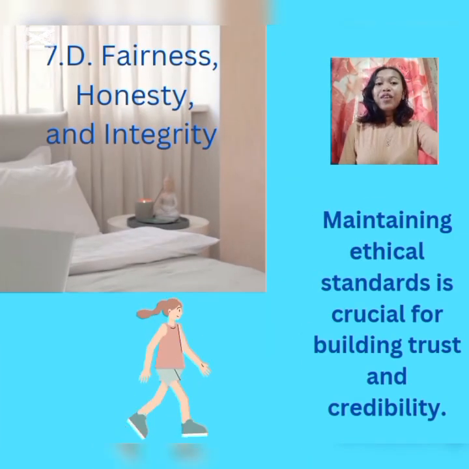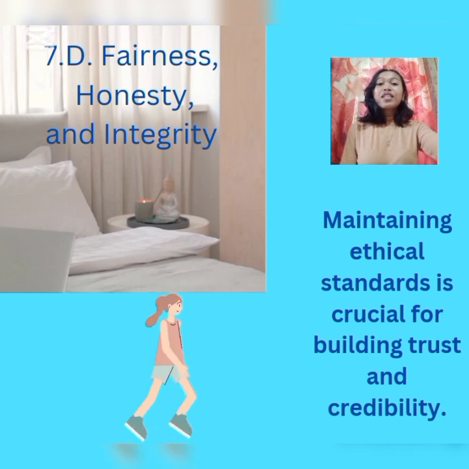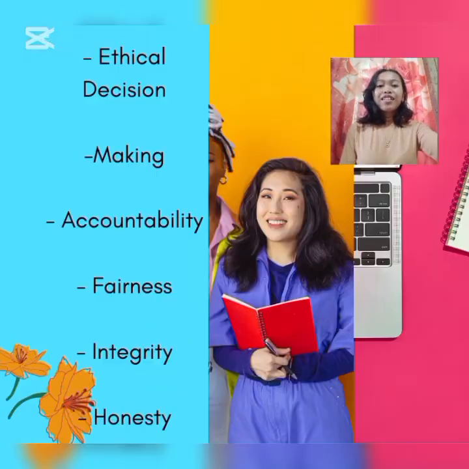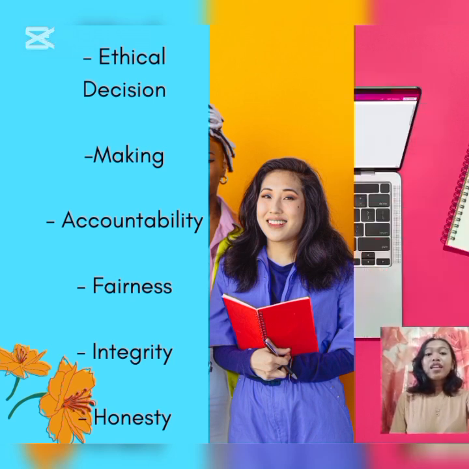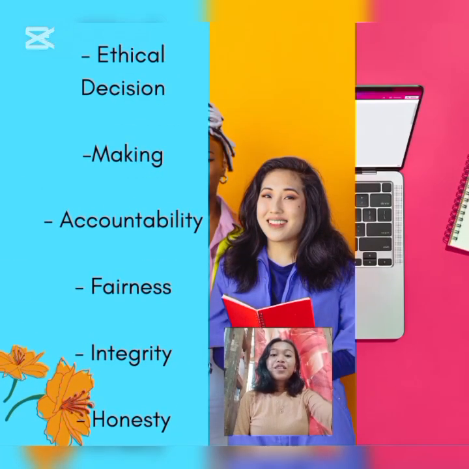Now let's have the key aspects of fairness, honesty, and integrity. We have ethical decision making, accountability, fairness, integrity, and honesty. All of these are essential for building successful careers and contributing positively to any organization.